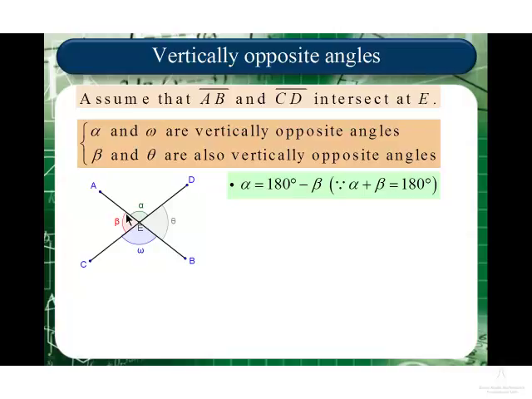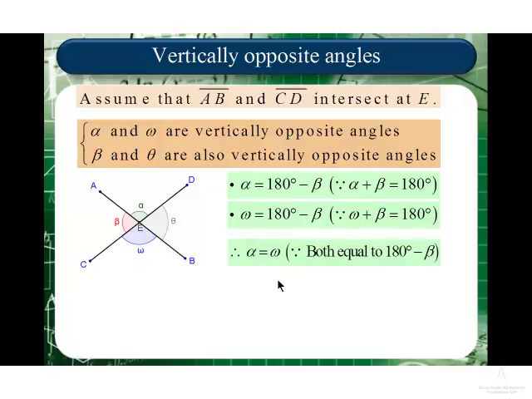So the sum of alpha and beta is 180. Therefore, we can say that alpha is equal to 180 minus beta. Similarly, the angle omega is also equal to 180 minus beta, since the sum of omega and beta is 180. This is because the line segment AB represents a straight angle.